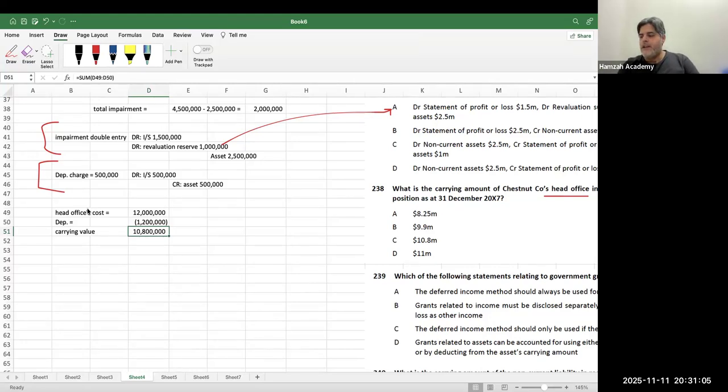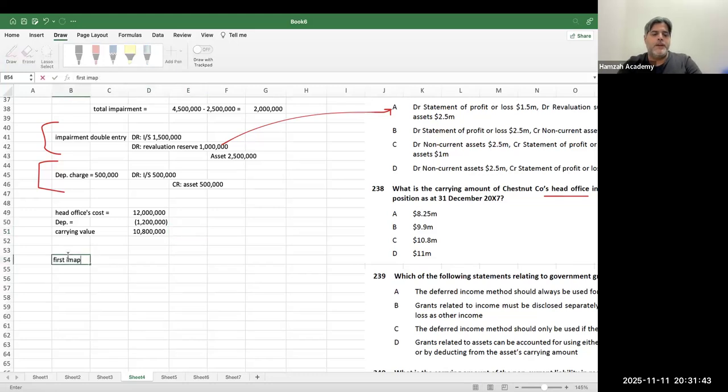And then as far as the carrying amount of the concern, the head office would have been impaired down, because at first when we checked the impairment earlier, that was 9 million. So it would have been charged to the statement of profit and loss. So obviously the valuation at 31st December 20x7 means that there is a reversal of this original impairment loss, right? So technically this is recorded at 10.8 million.